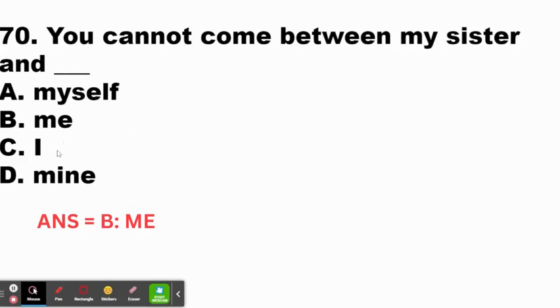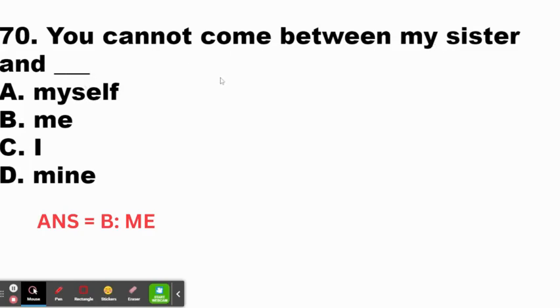I is the subjective, and you use it when you are performing an action. When you say my sister and I visited grandma, that is when you are taking an action together, you use I, but when you are receiving action, you use me. So you cannot come between my sister and me.